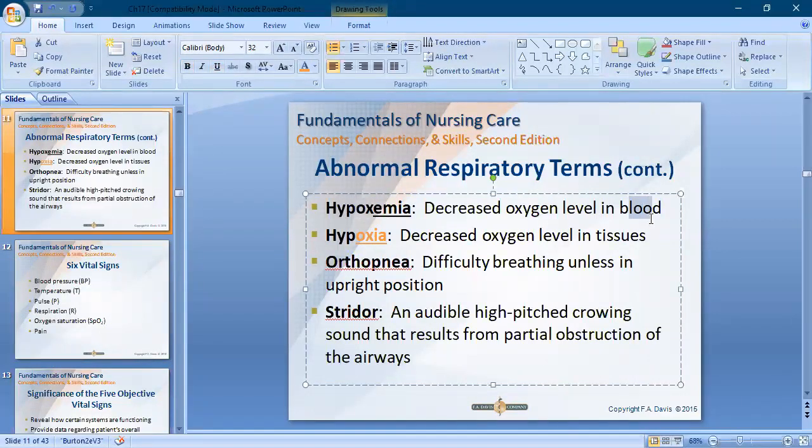When it is in the blood, this is called hypoxemia. But hypoxia is when it is reduced in the tissue. When it is reduced in the tissue, this is called hypoxia. This is hypoxemia, hypoxia. And orthopnea means difficulty of breathing unless in an upright position.